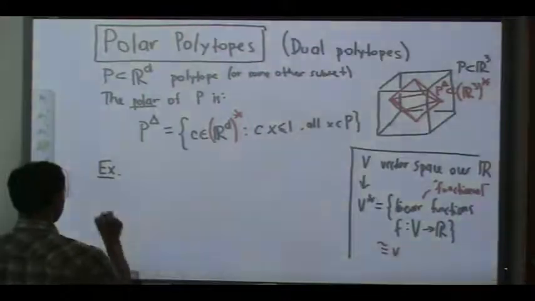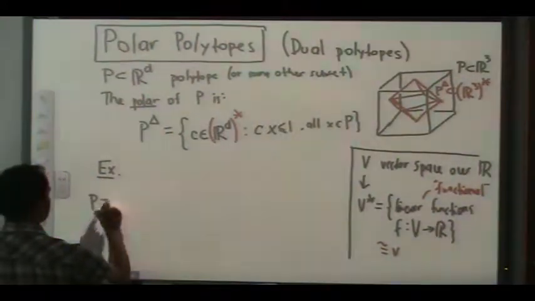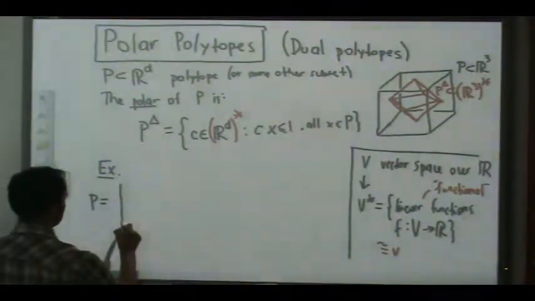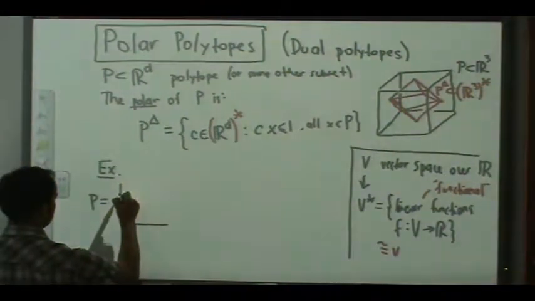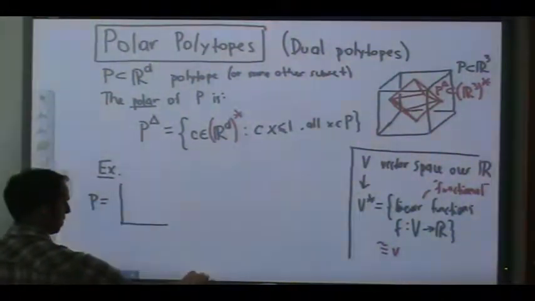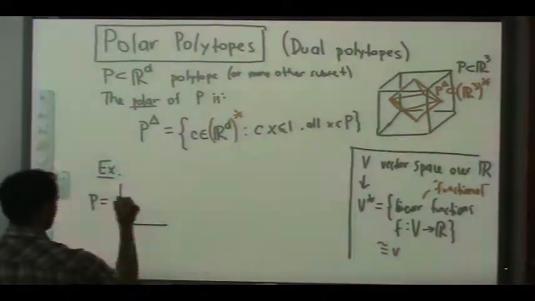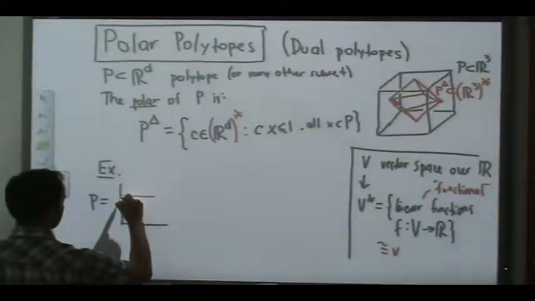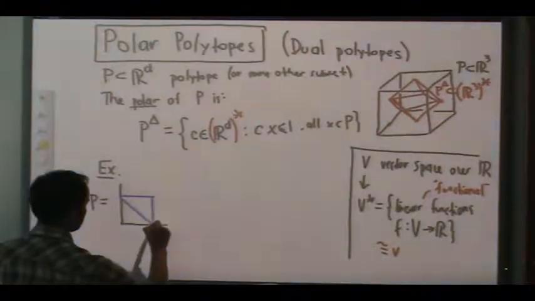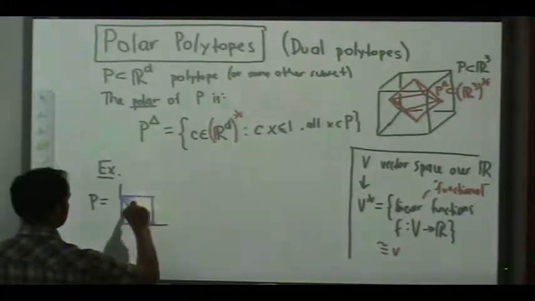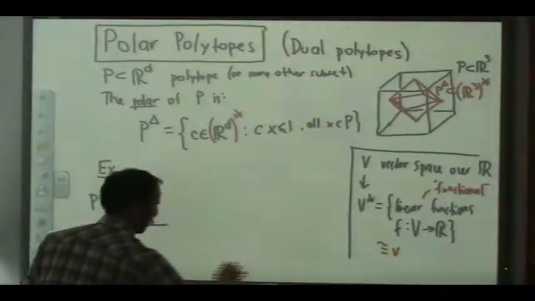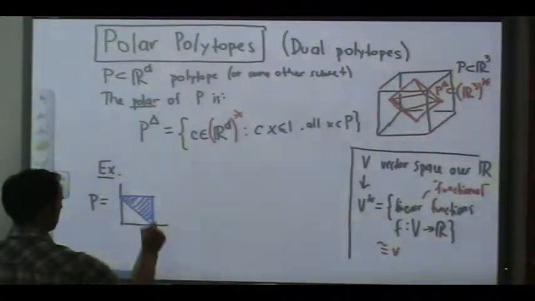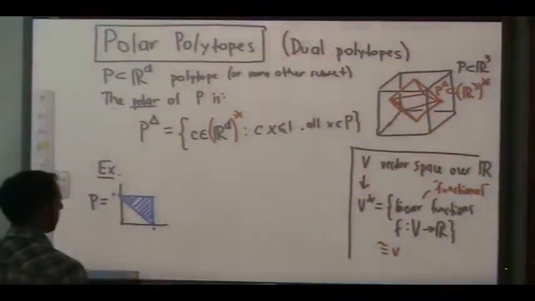So let's say that P is this triangle here. And I say that this is 1 and this is 1.